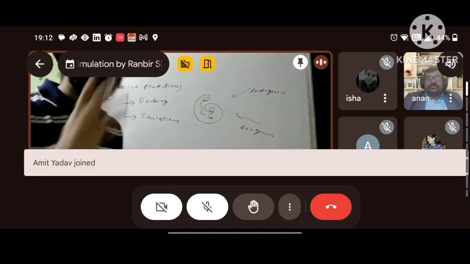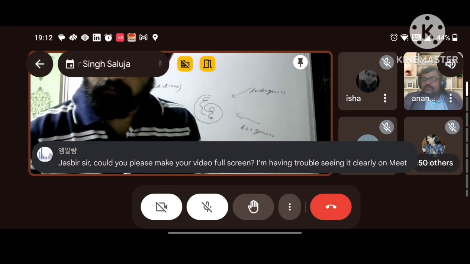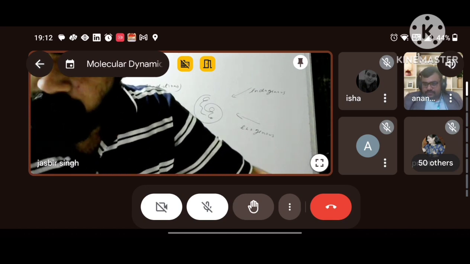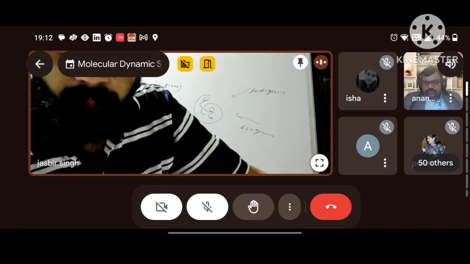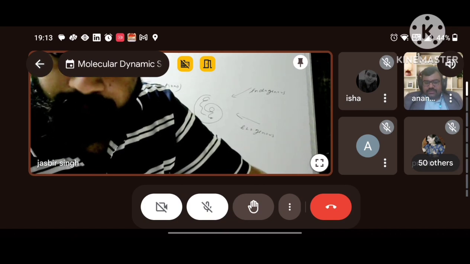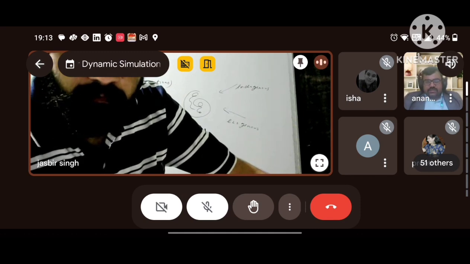Now you might be thinking that interactions, you have a... Are you not able to see it properly? Full screen. Is there any issue or something like that? Okay.